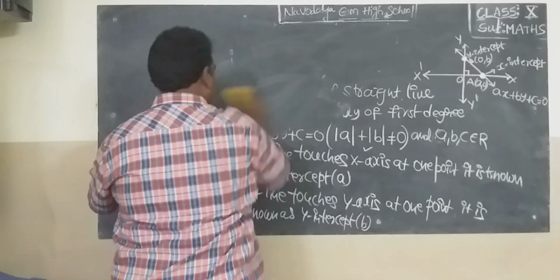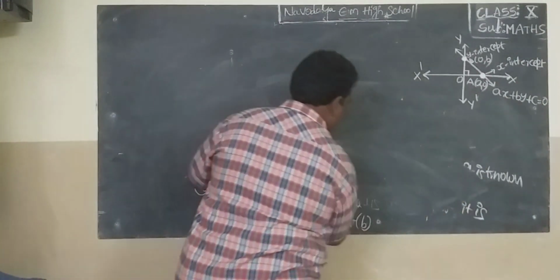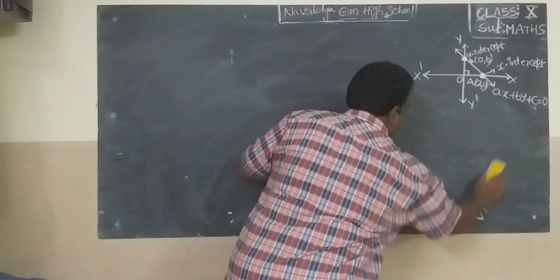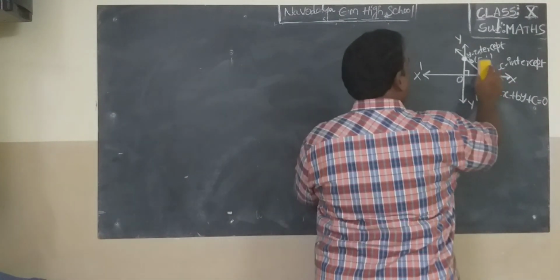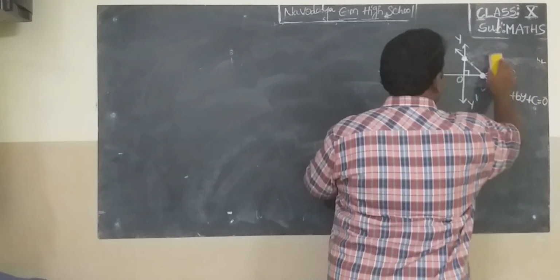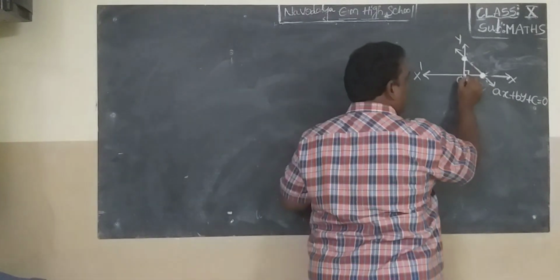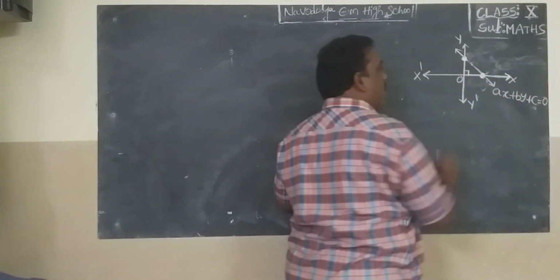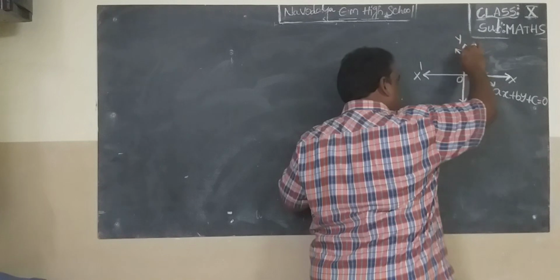And see that same diagram. See the same diagram again. So x-intercept and y-intercept are completed. Then see the same diagram. This is the positive x-axis. This is the straight line.